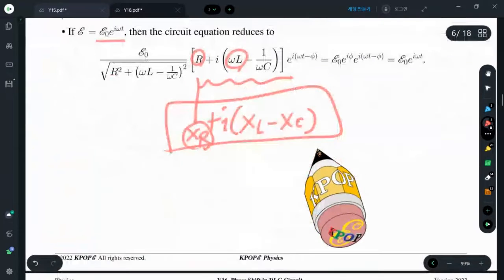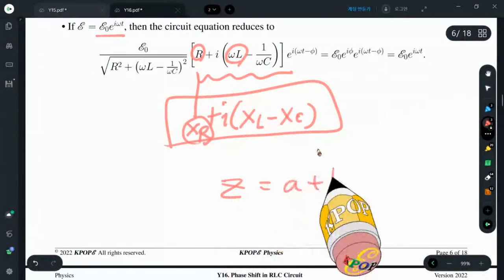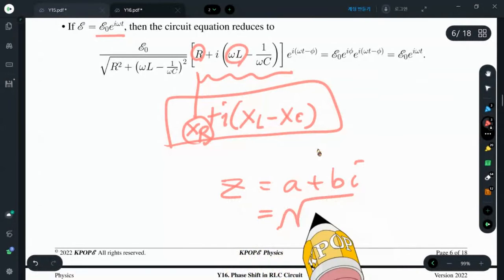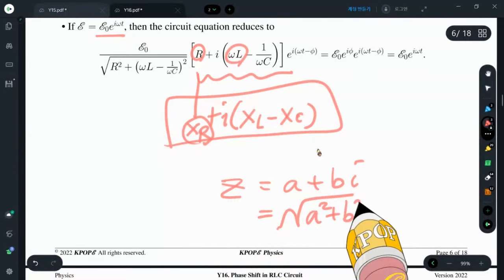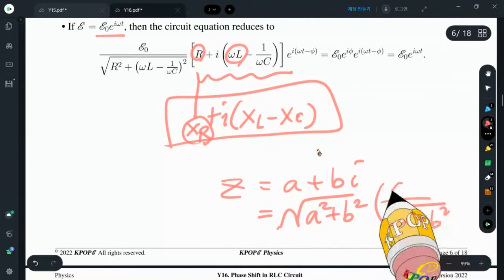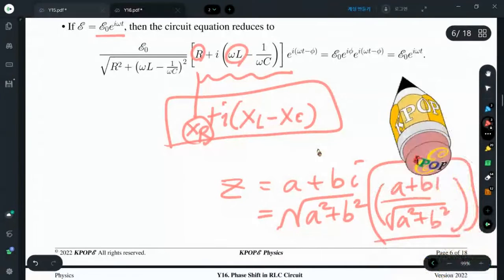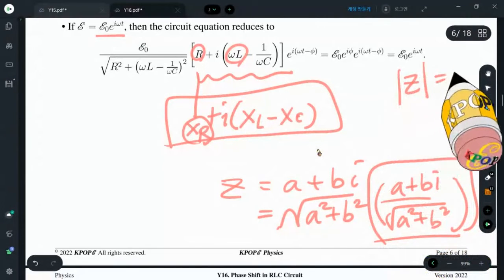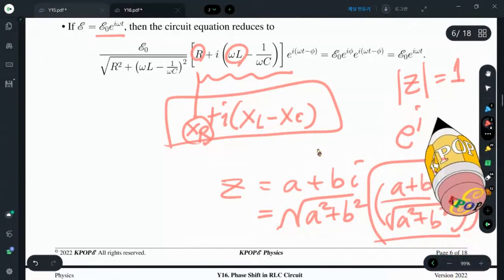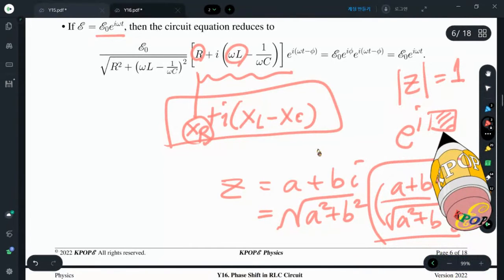Okay. And if you have a complex number Z equals A plus Bi, then what you're going to do is take the modulus, and this one has the absolute value of 1, that is exponential i something, and this is a phase.